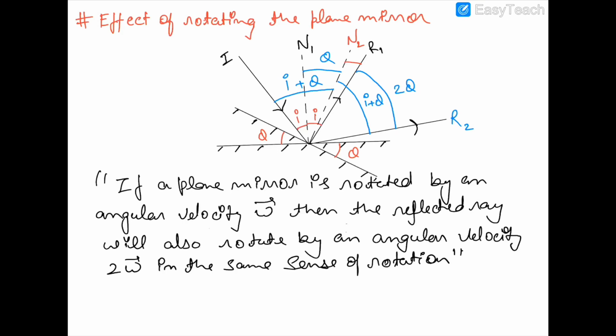And again I am highlighting the axis of rotation: it lies in the plane of the plane mirror, and it is denoted by this cross because the axis of rotation passes through this cross and is perpendicular to the plane of this board, coming towards you.